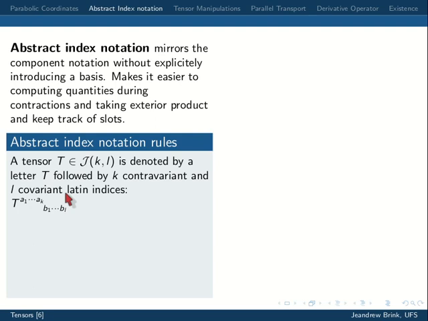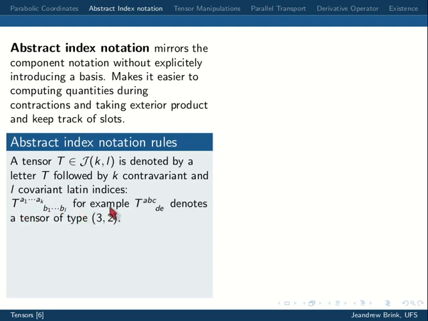I'm going to represent this tensor, even though I don't give you the chart or the coordinate basis, simply as T followed by k indexes that are up and L indexes that are down.